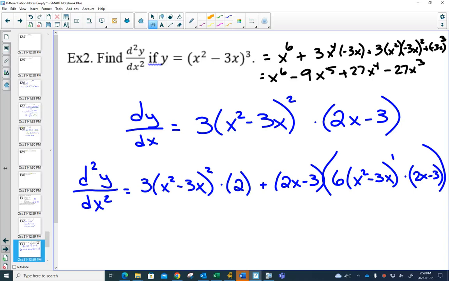In this one, I can see that by the time I get to the 7th derivative, my answer is going to be just a number. The first derivative would give me a 6x to the 5. The second derivative would give me a 30x to the 4.